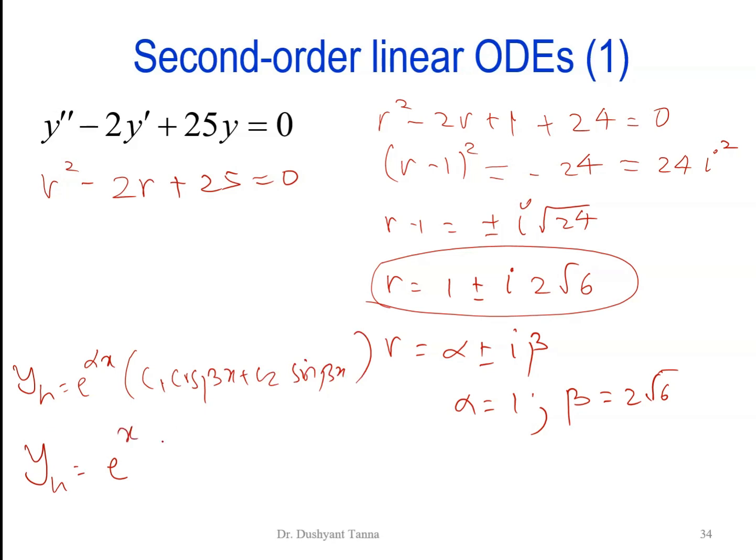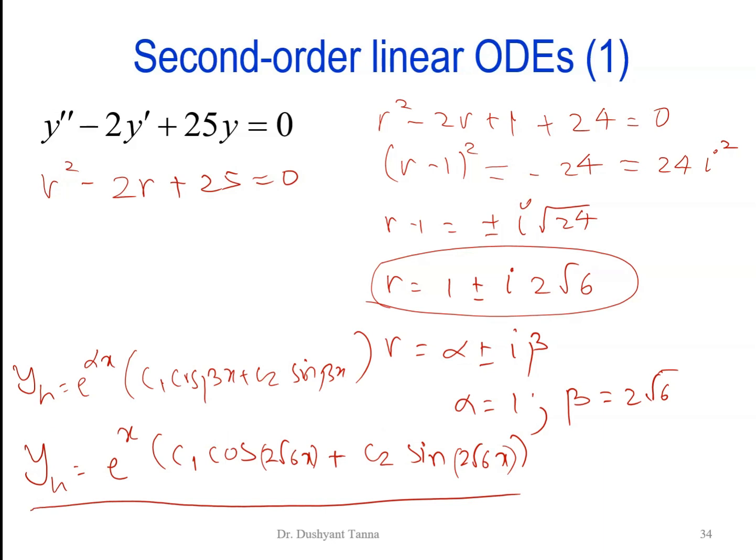So e raised to x, c1 cos 2 root 6x plus c2 sine 2 root 6x. If you want, you can write root 6x like this here. So you know that's your theta part. And that's the solution, right?